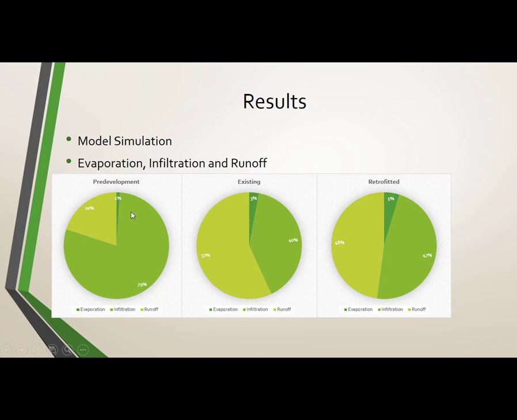We saw from the model that initially in the pre-development condition, the runoff percentage was 20%, which increased to 57% because of the impervious cover, and this was reduced to 48% by retrofitting with the LID controls that we are talking about. And also we can see that infiltration was high, and now it's decreased from 79% to 40%, and then increased to 47%.